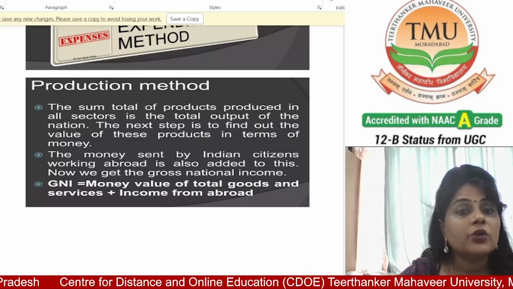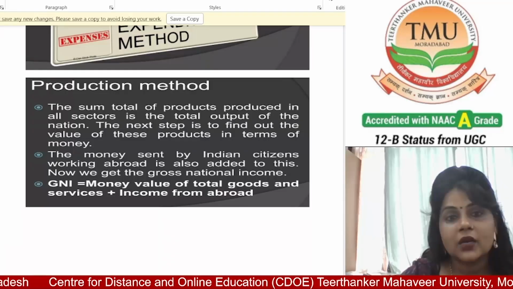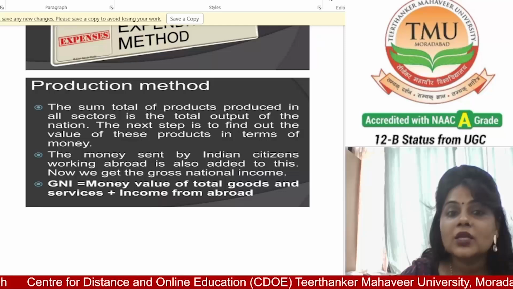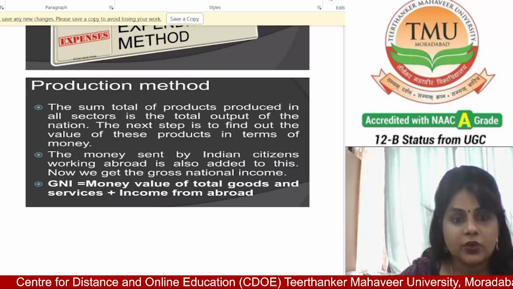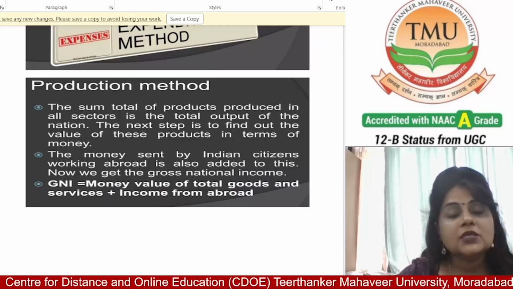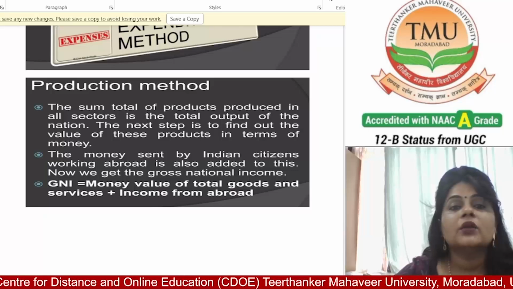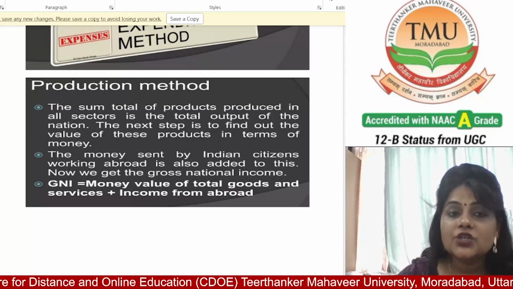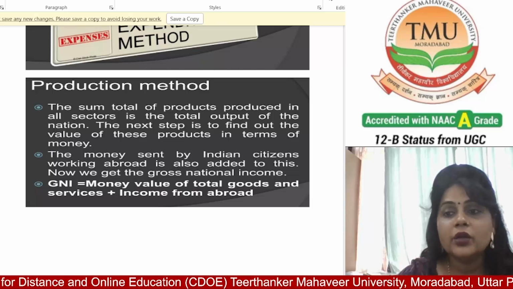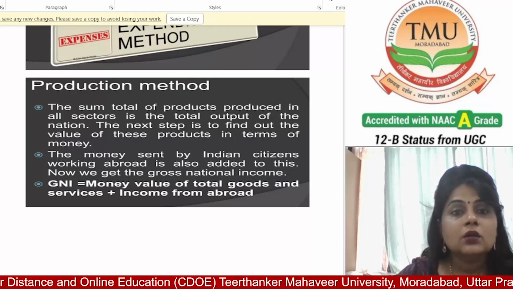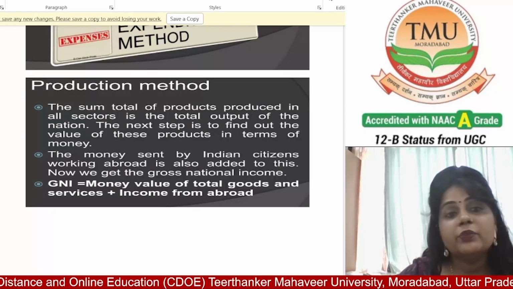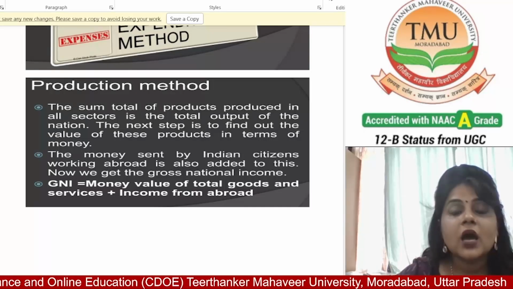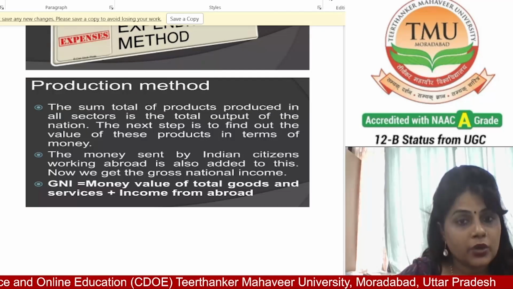When the whole output is sold in the year, the value of output will be equal to the total sales of the output. When the whole output is not sold in the financial year, the value of output will be equal to the sum of sold output and the unsold stock of output.